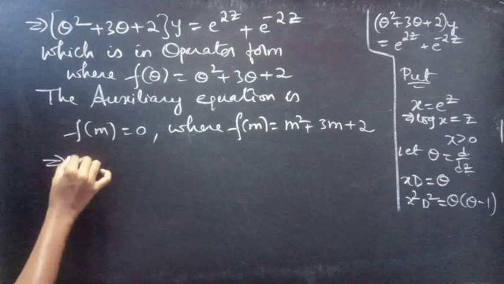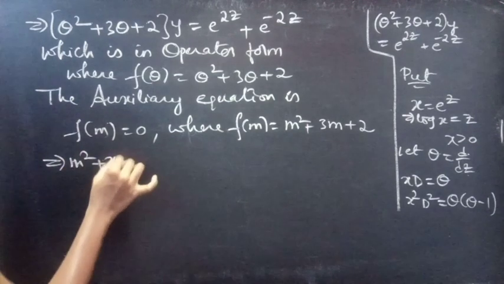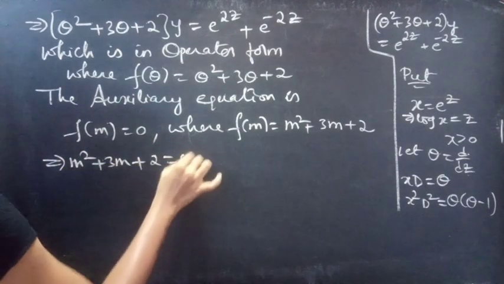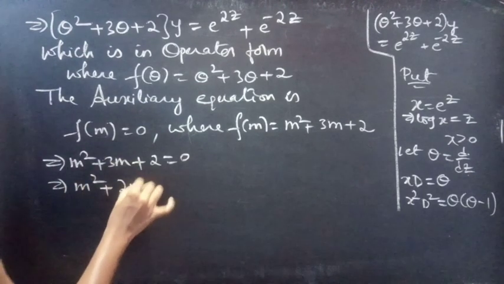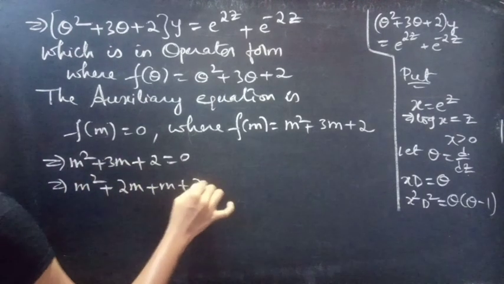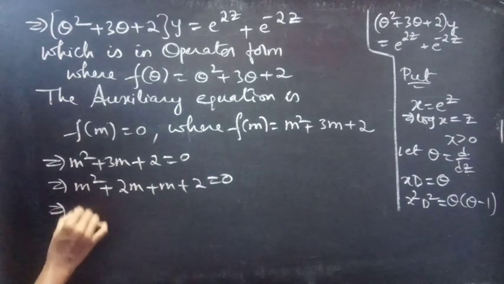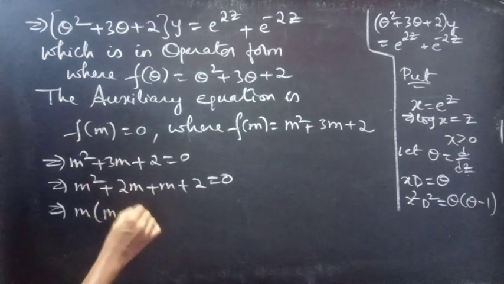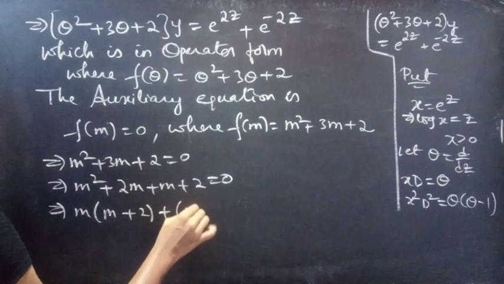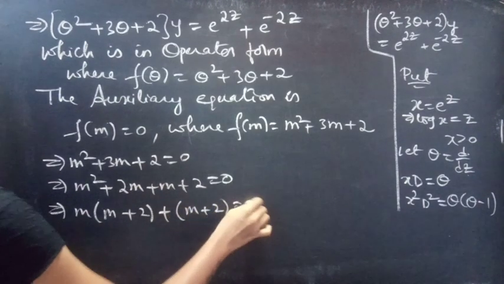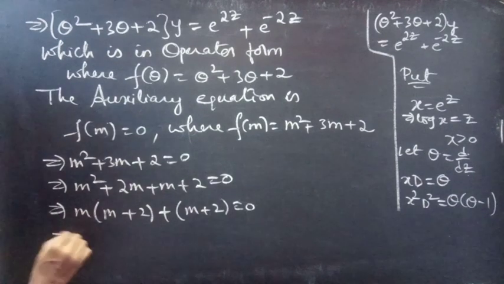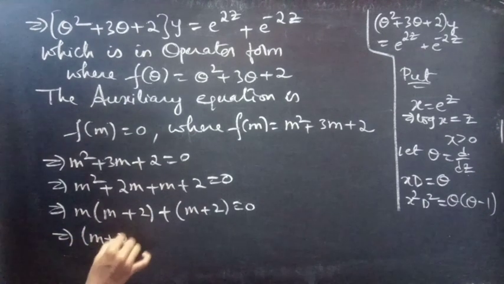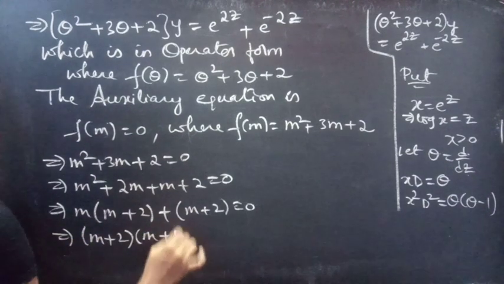Now our auxiliary equation becomes m square plus 3m plus 2 equals 0. Now split 3m as 2m plus m. Take m common from the first two terms, we get m times m plus 2, and the next two terms remain the same. We notice that m plus 2 exists in two terms, so let's take m plus 2 common. We get (m plus 2) into (m plus 1) equals 0.